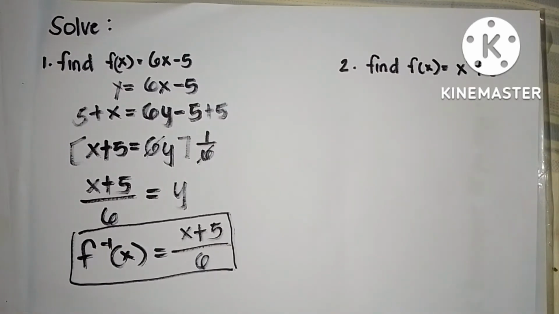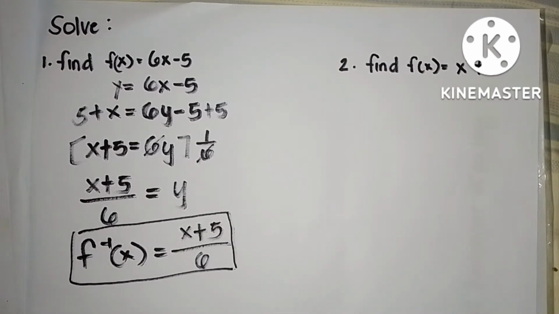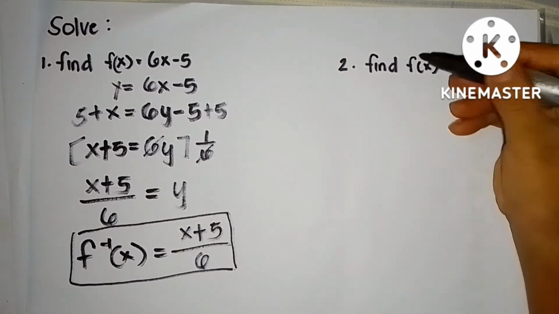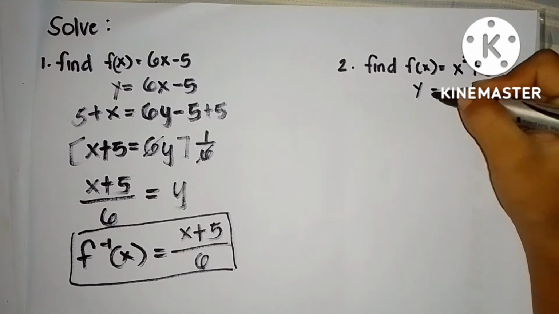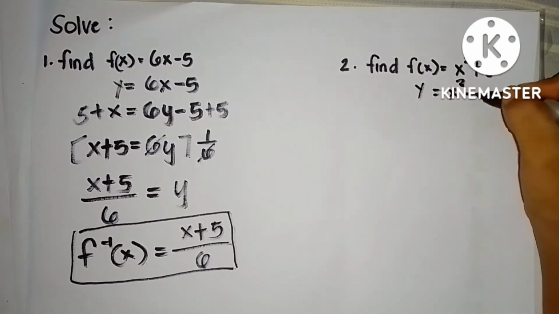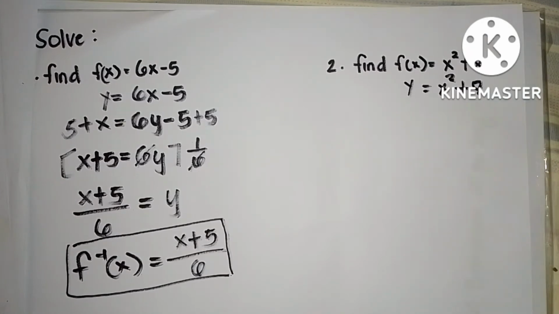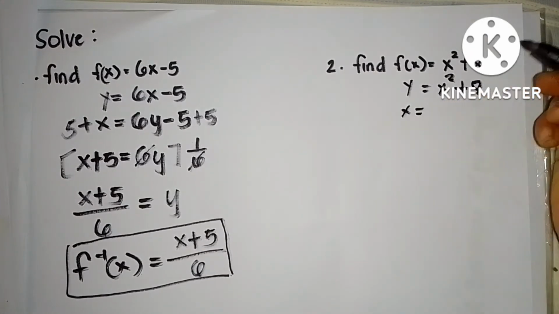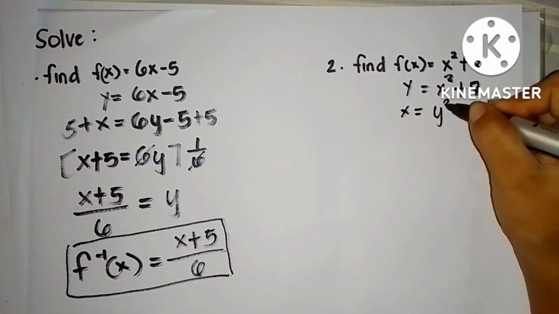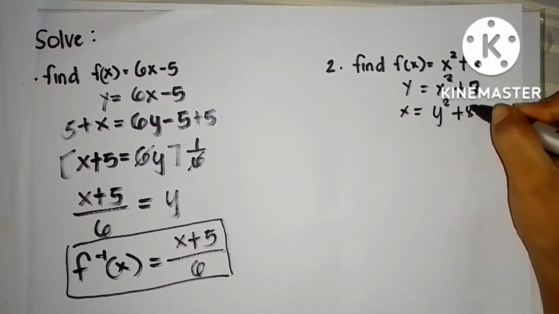So for example number 2, we need to find the inverse of the function f(x) = x squared plus 8. So first we need to replace f(x) with y. So we have y equals x squared plus 8. And then swap the y and x. So y will become x and our x will become y. So this will become x equals y squared plus 8.